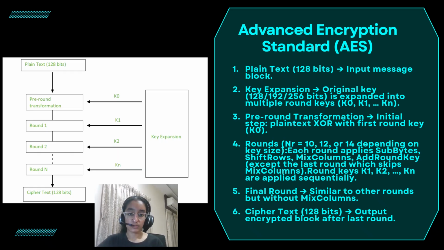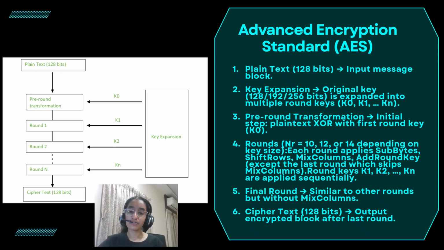Each round has 4 steps. First, SubBytes: each byte in the 4 by 4 state matrix is replaced using a fixed S-box, a substitution table. This provides non-linearity, making relationships between plaintext and ciphertext harder to predict. Then we have ShiftRows.